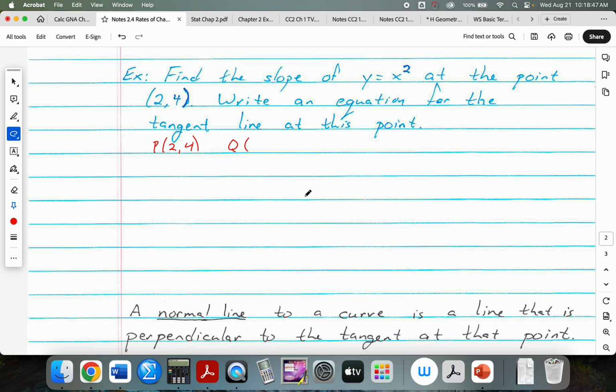So what I'm going to do is say that it's going to be 2 plus h will be its x coordinate. And you may be going, why would you use h? Well, I'm moving horizontally, right? From 2, I'm doing x values, so I'm going from 2 to 2 plus something. And then the y value would be (2 plus h) squared, because that's the function.